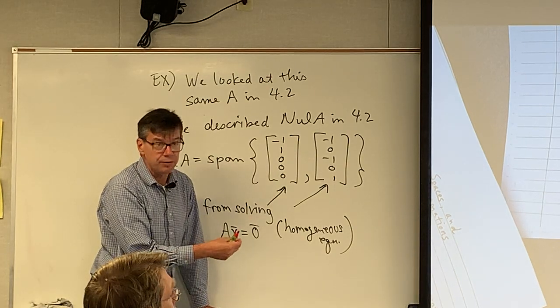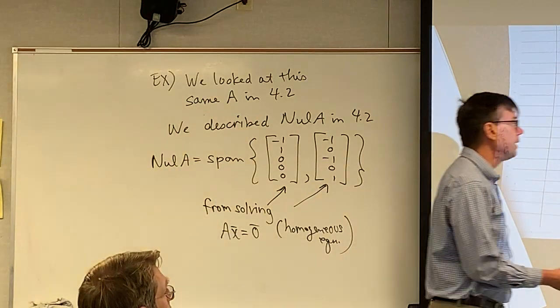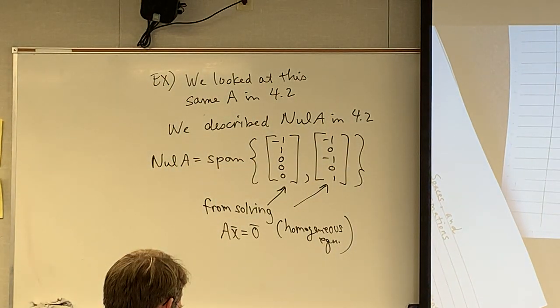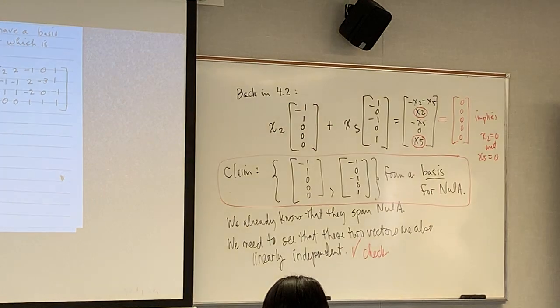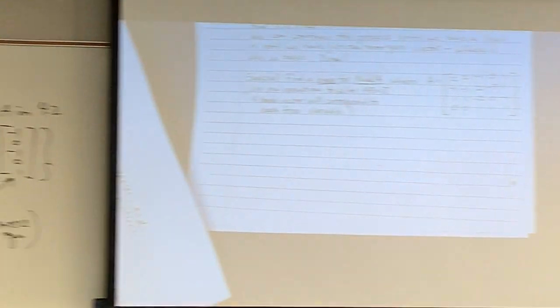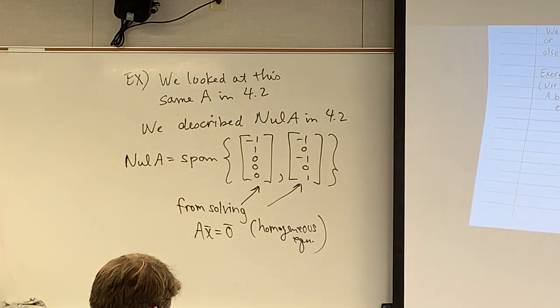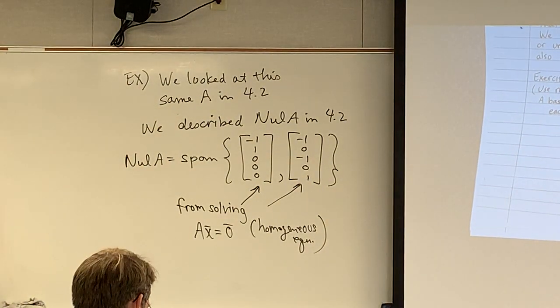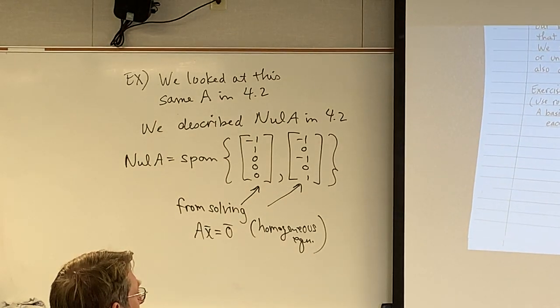So our process for solving the homogeneous equation is always going to give us a linearly independent set of vectors. So just make a note, on our next exam, you're going to be asked to find a basis for a null space of a matrix, this type of question, right?